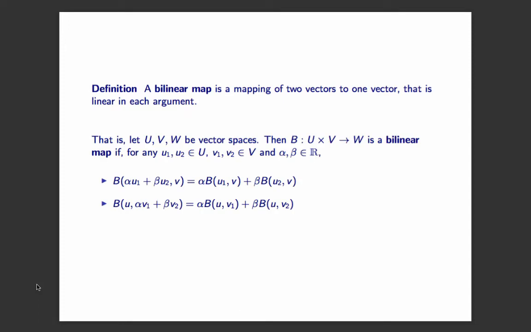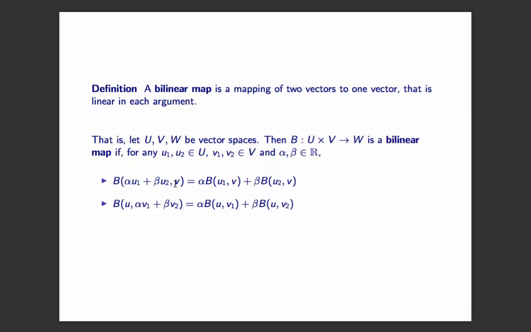That is, if U, V, and W are vector spaces, and B maps a vector in U and a vector in V to a vector in W, then we say it's a bilinear map if it's linear with respect to each argument. In other words, it satisfies the definition of a linear map for each argument U or V.